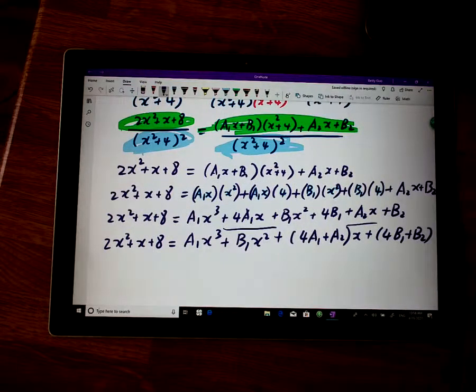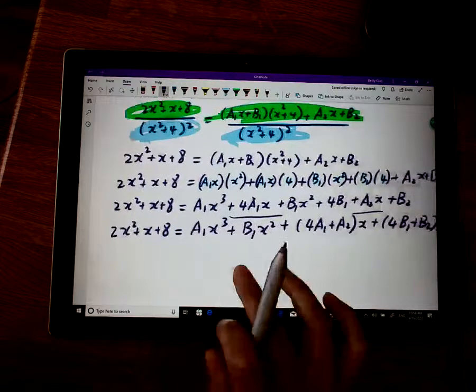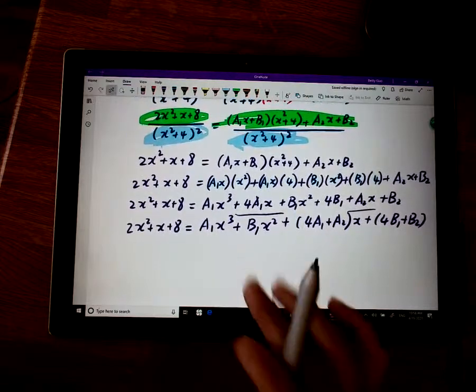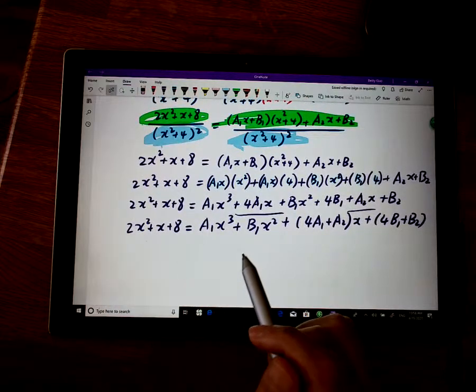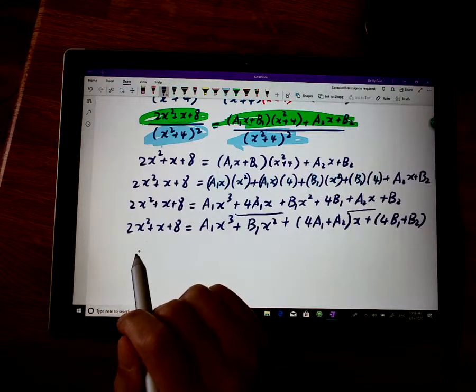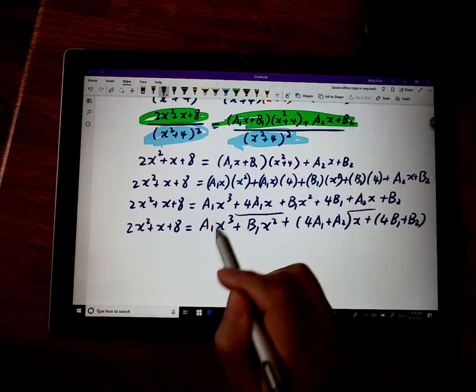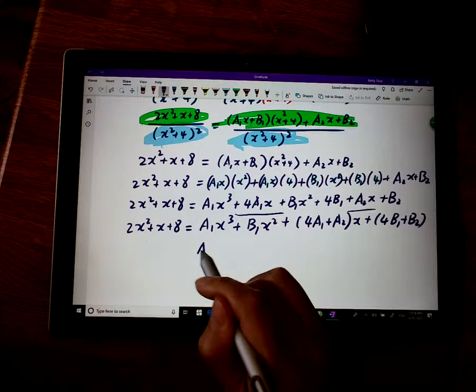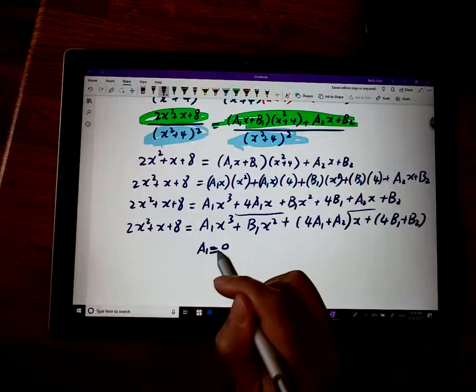All right. So the right-hand side is a polynomial with degree 3. The left-hand side is a polynomial with degree 2. Then you would know a sub 1 has to be 0.